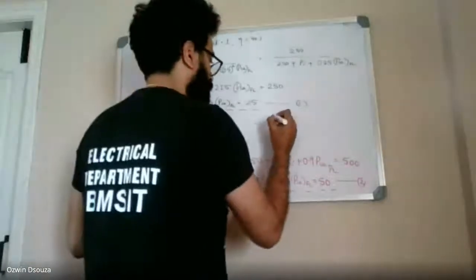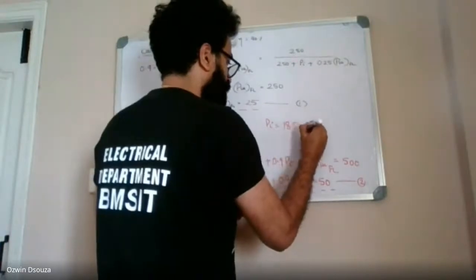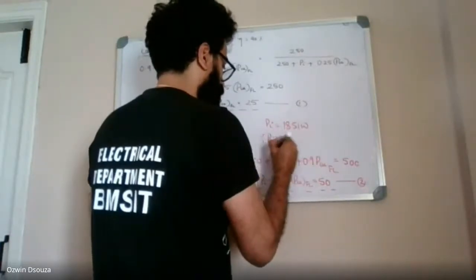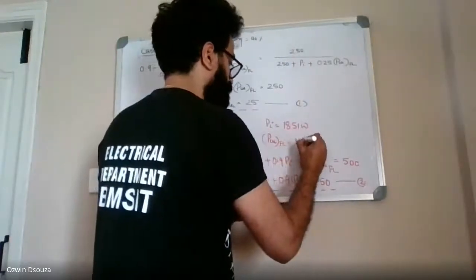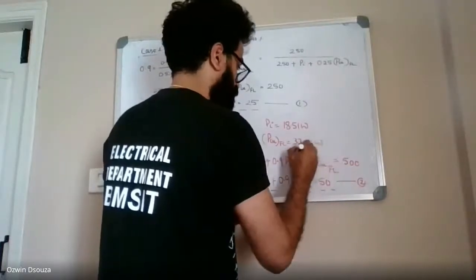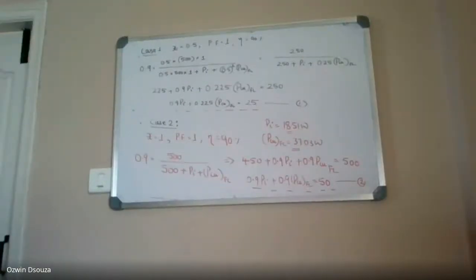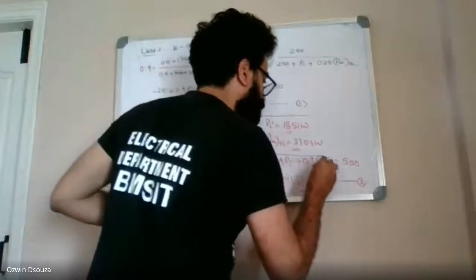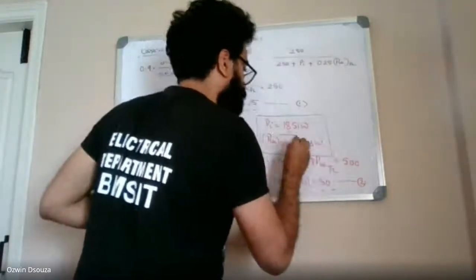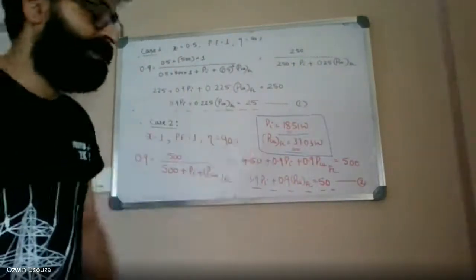So you will get the iron loss as 18.51 watts and full load copper loss as 37.03. Okay, so that's your loss. All right, I hope you have got this answer. Okay, I just confirm with the textbook answer. So this is your loss component of this particular transformer.